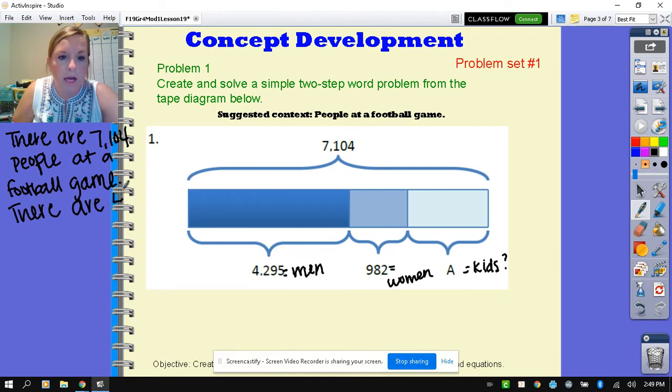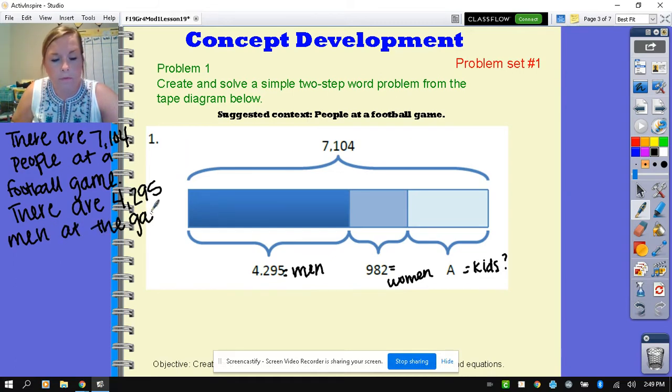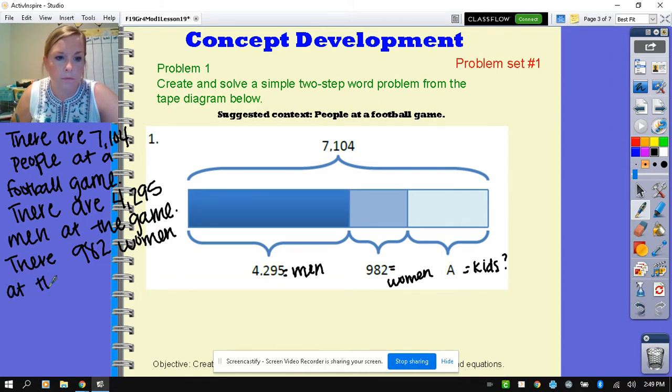There are 4,295 men at the game. There are 982 women at the game. How many kids are attending the game?